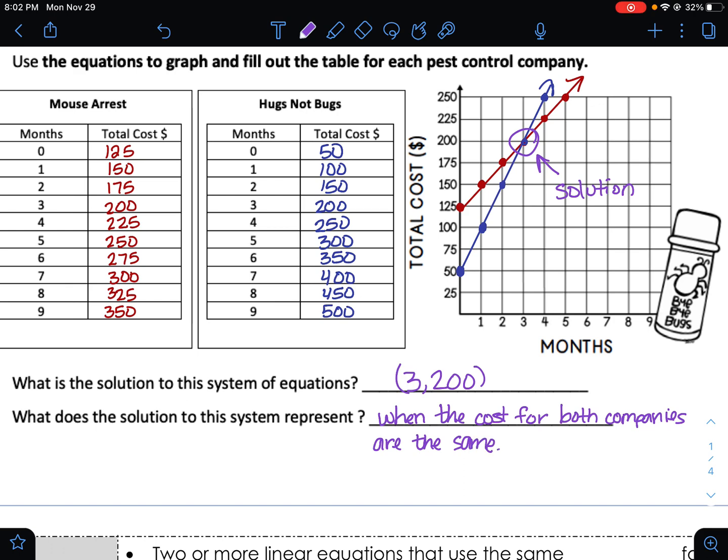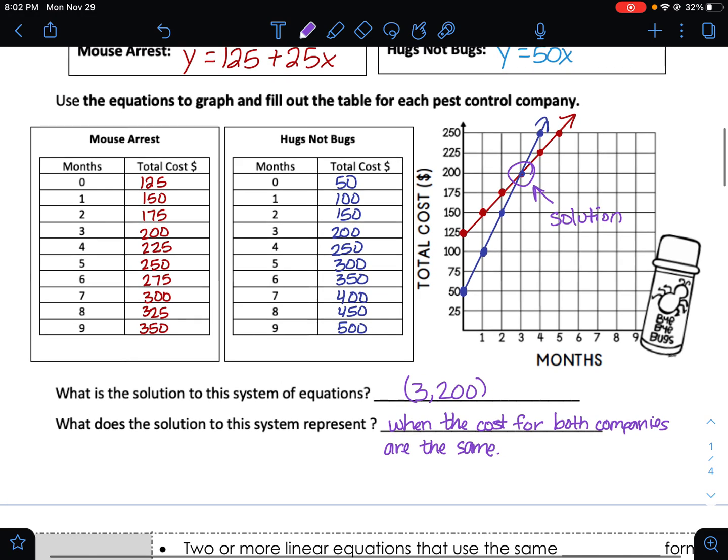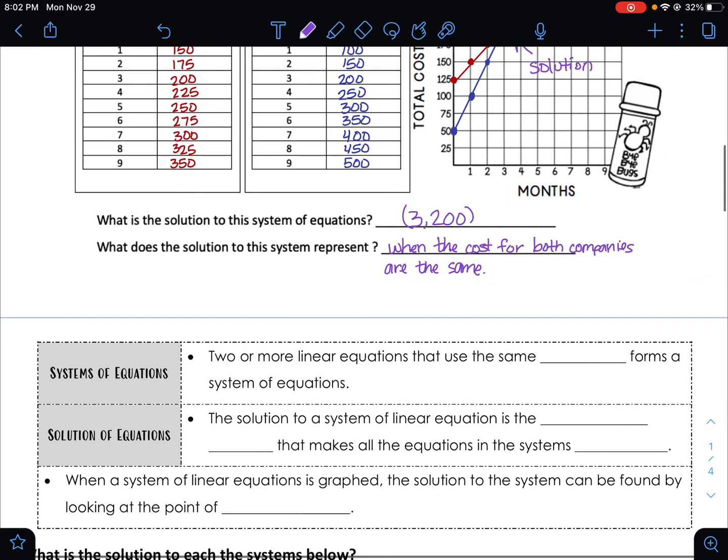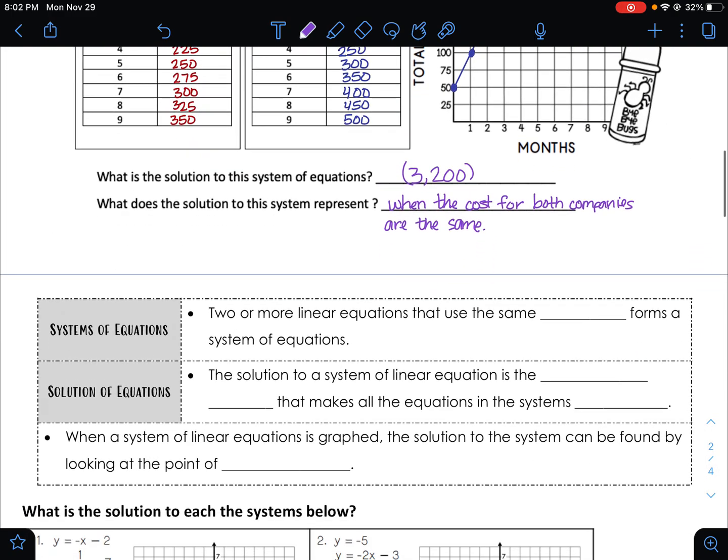So at 3 months, both companies will be charging the same amount. Okay? But if it is more than 3 months, then Hugs Not Bugs is more expensive. If it's less than 3 months, then it's cheaper. So it's important to know the difference and see that. Okay? Moving on to the next part.